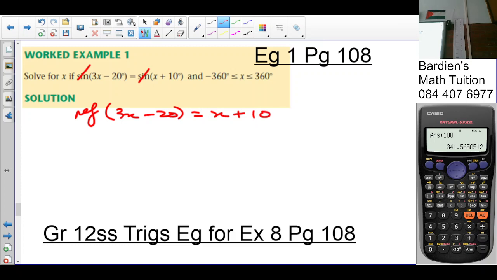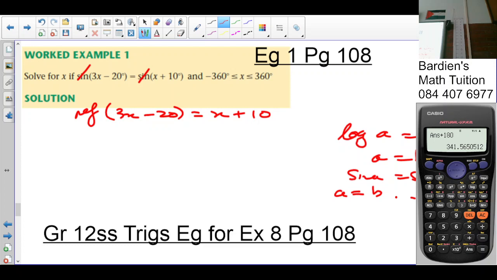You must remember that if log a is equal to log b, then a is equal to b, with some restrictions that of course apply. Likewise, if sine of a equals sine of b, that's the same as saying a is equal to b, and of course there's the general solution that goes with it as well.